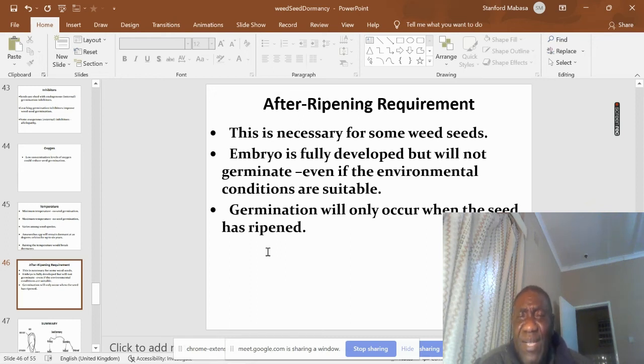Germination will only occur when the seed is ripened. So there are certain processes occurring inside the embryo. Although it looks like a mature seed, some processes are still going on and they prevent the germination process.